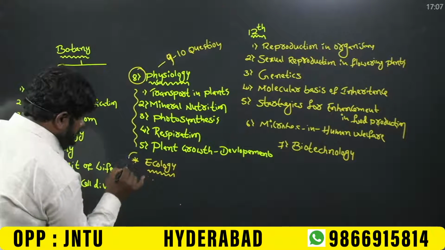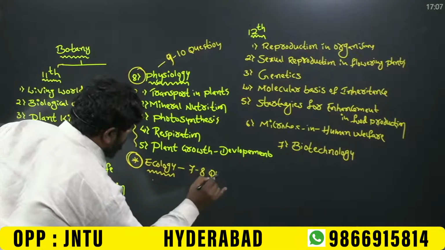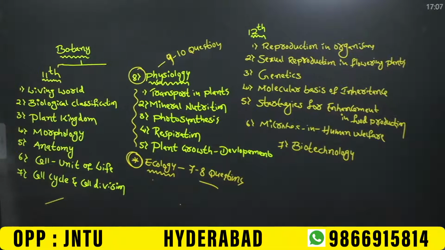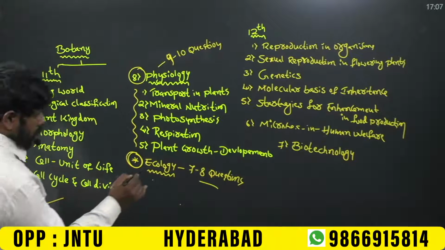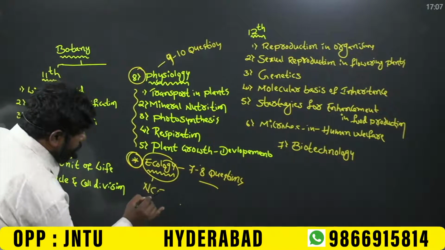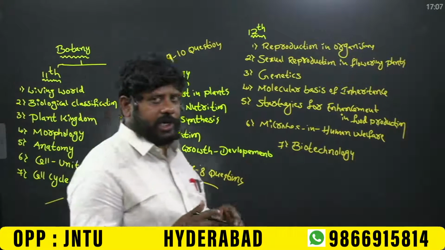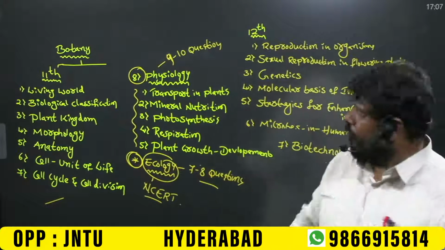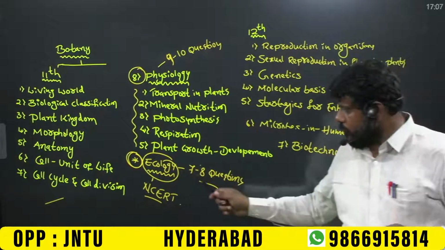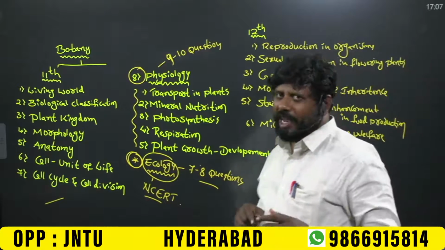After the physiology, concentrate on ecology, 7 to 8 questions expected. The 7 to 8 questions come from NCERT only. That's why please stick to the NCERT textbook only for physiology as well as ecology. The complete question comes from NCERT only.